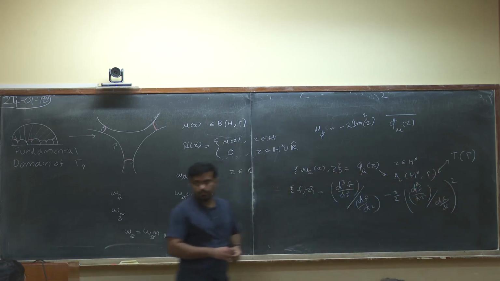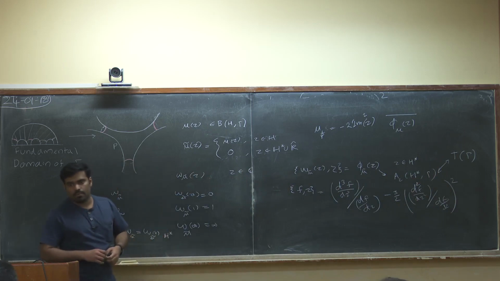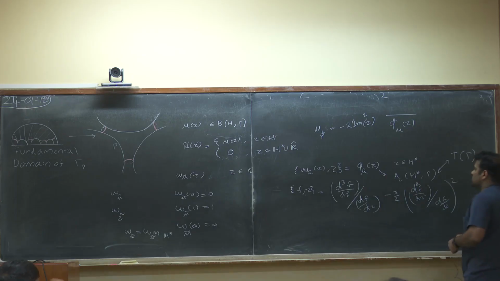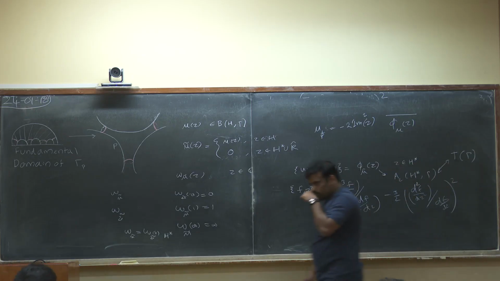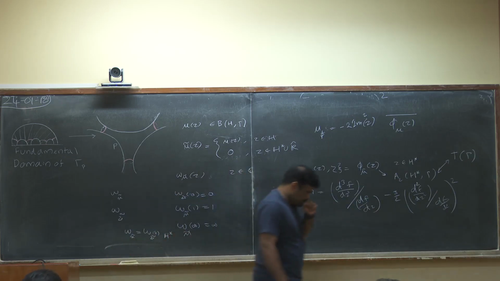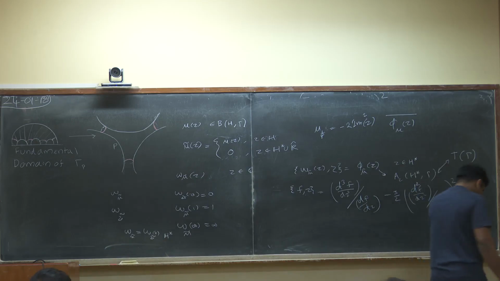This many to one map, I want to get a sense of how many to one. So is it discrete or other parameters? Is the number of continuous parameters in the Beltrami differential the same as the number of continuous parameters in this quadratic form?